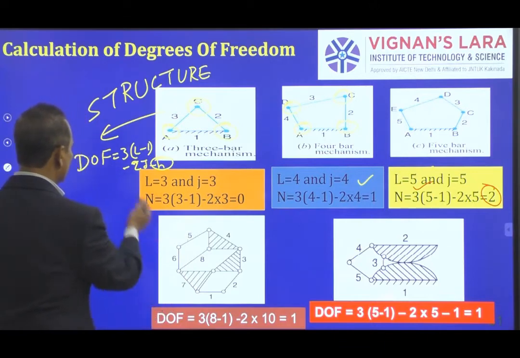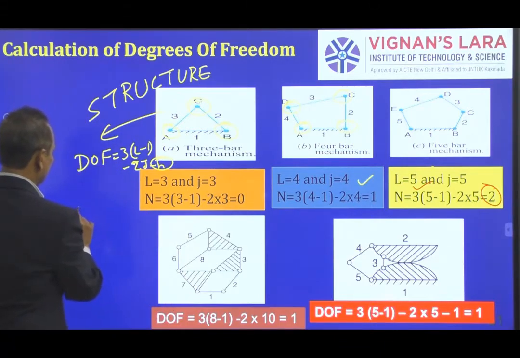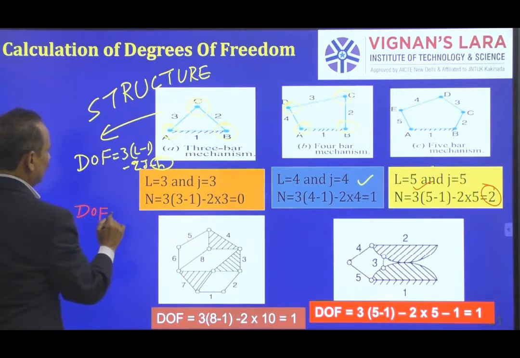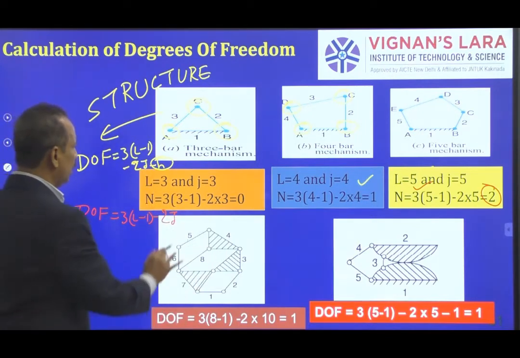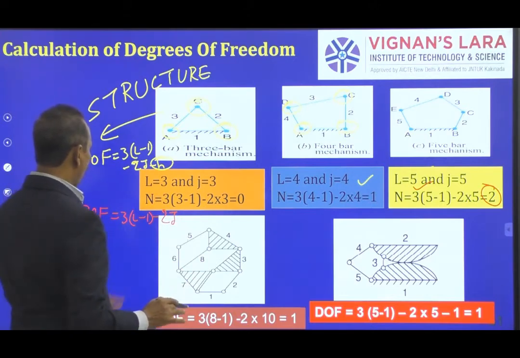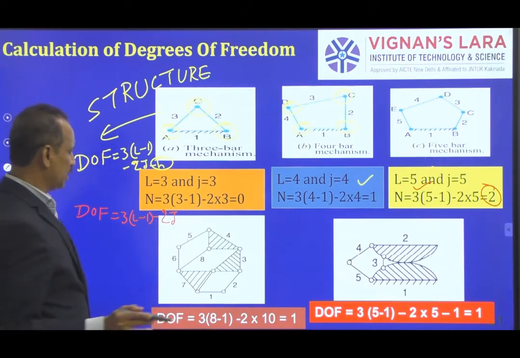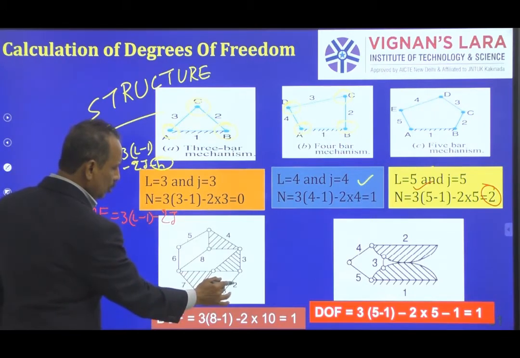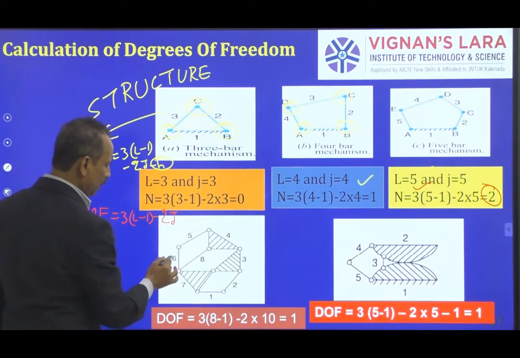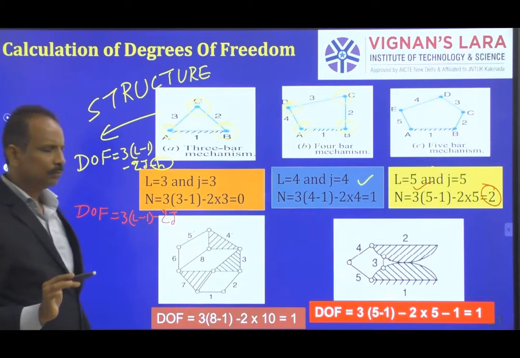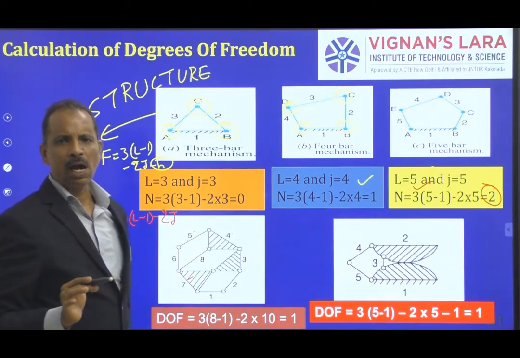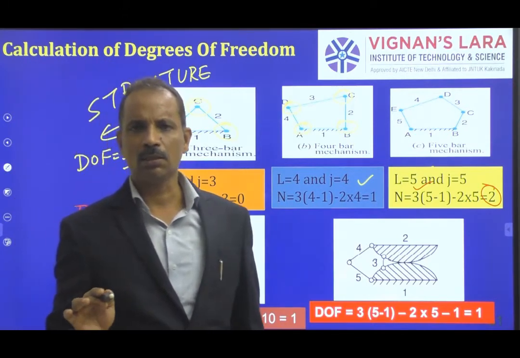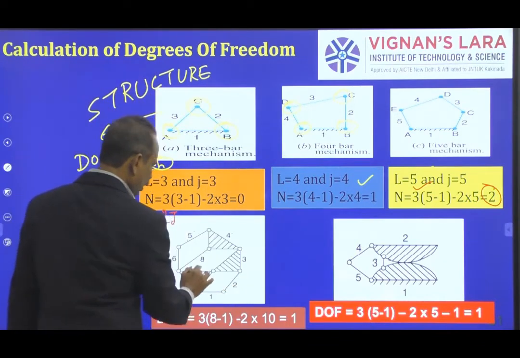Let me write the same equation: degrees of freedom is 3 into L minus 1 minus 2j, because I don't have a higher pair here, so h is 0. How many total links are there? Let us see: 1, 2, 3, 4, 5, 6, 7, 8. Here 7, 3, 4 are ternary links.